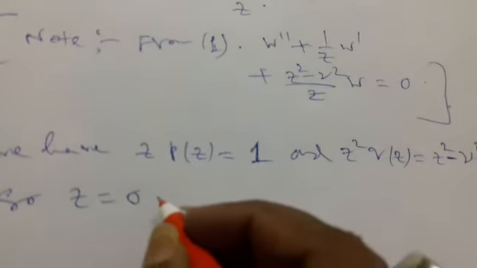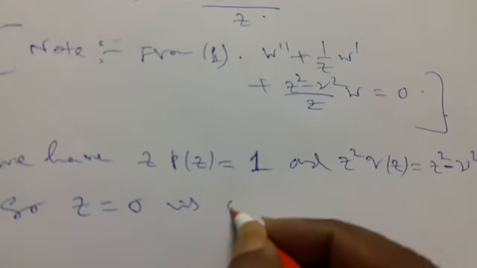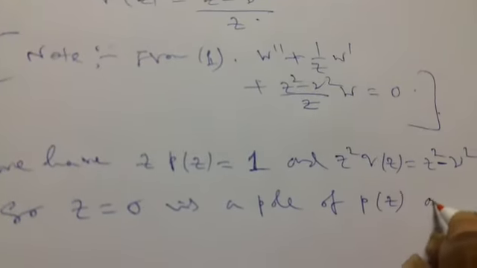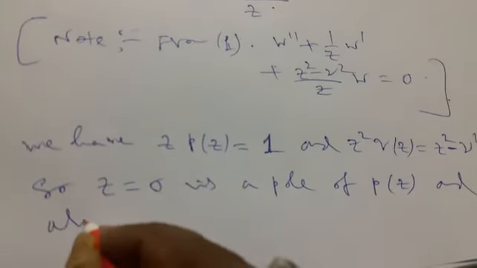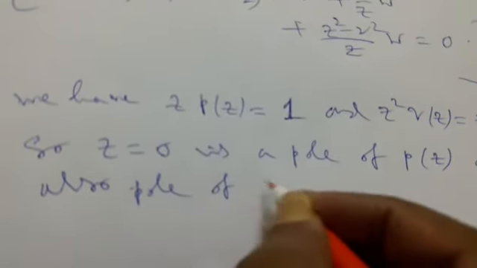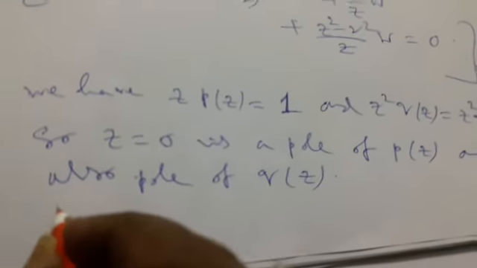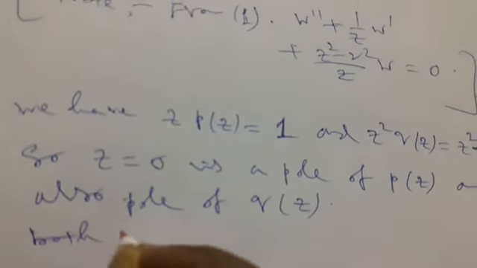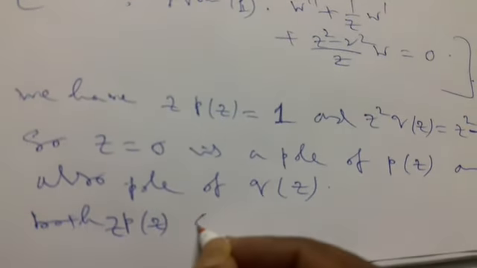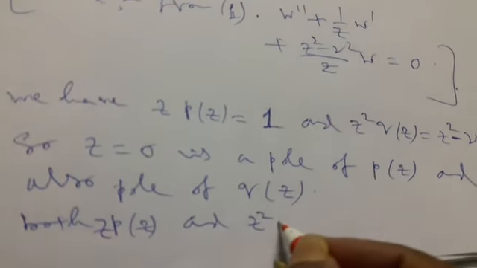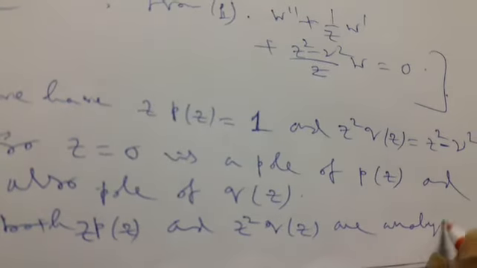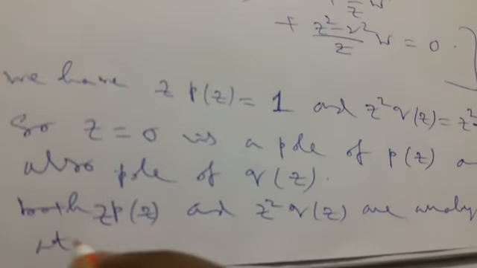Now here we calculate that z equals to 0 is a pole of p(z) and also a pole of q(z), and both z p(z) and z square q(z) are analytic at z equals to 0.